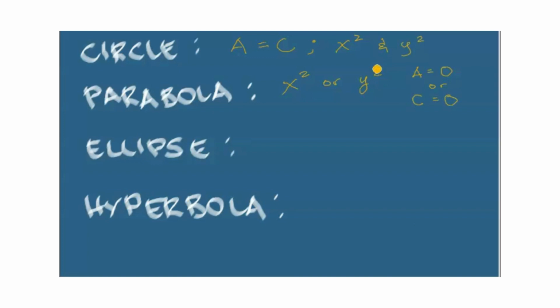Now for an ellipse, you have an x squared and a y squared, but a and c are not equal and must have the same sign.